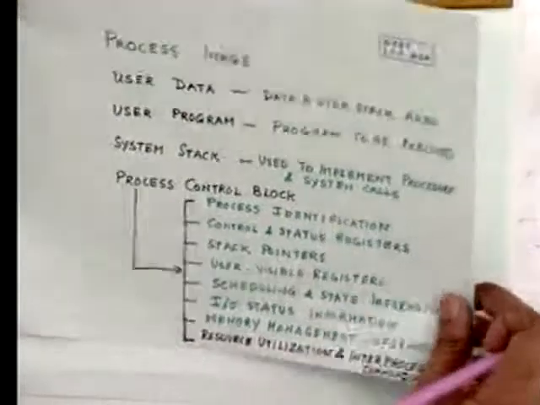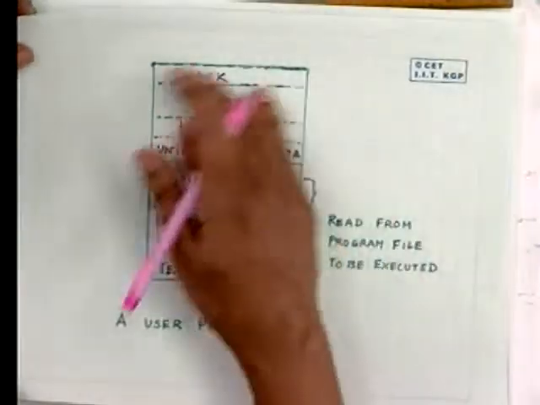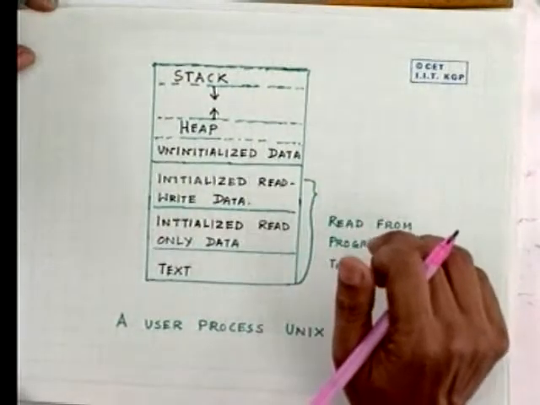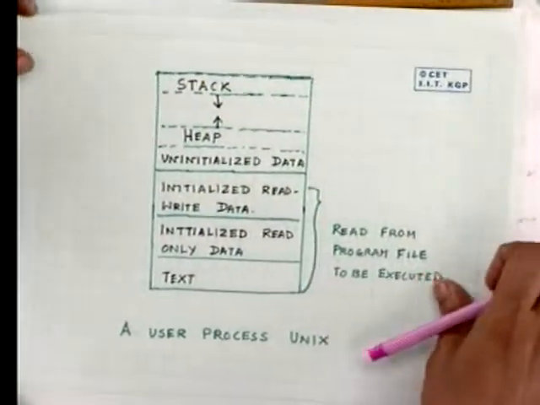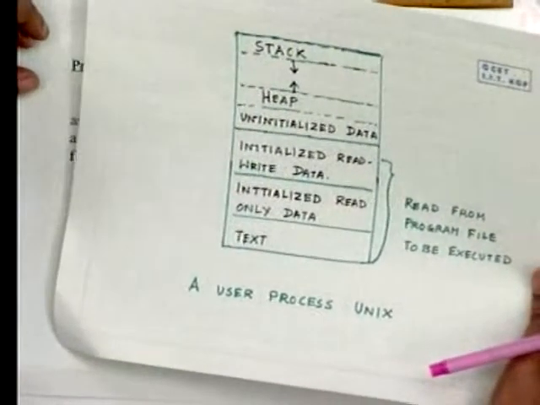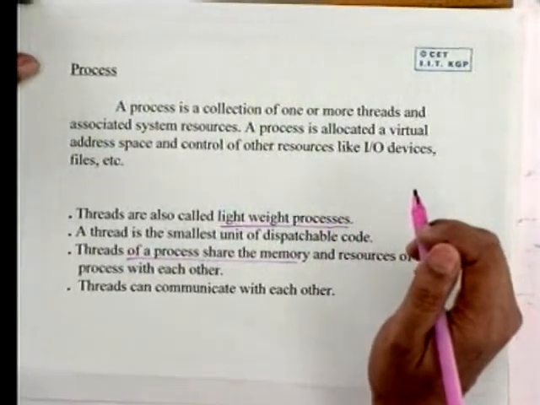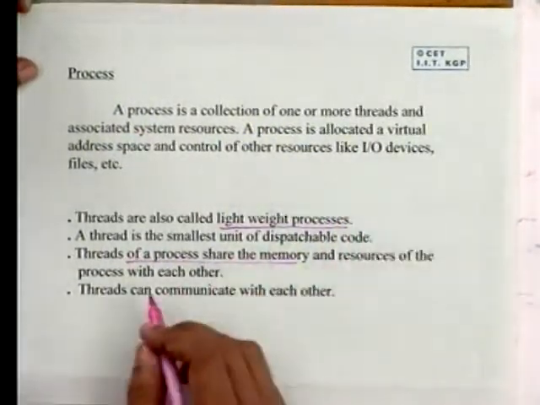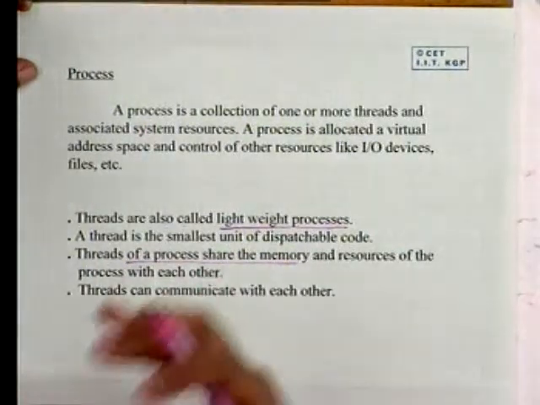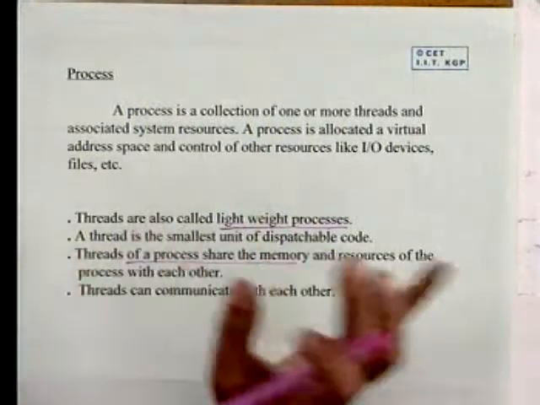Now they can share the same area during execution. Like in Unix processes, for the area allocated to a process, we can allow multiple threads to use the same area among themselves and communicate with each other. So threads can communicate with each other, they can share the same area, and this is the smallest unit of code which we can move in or out.